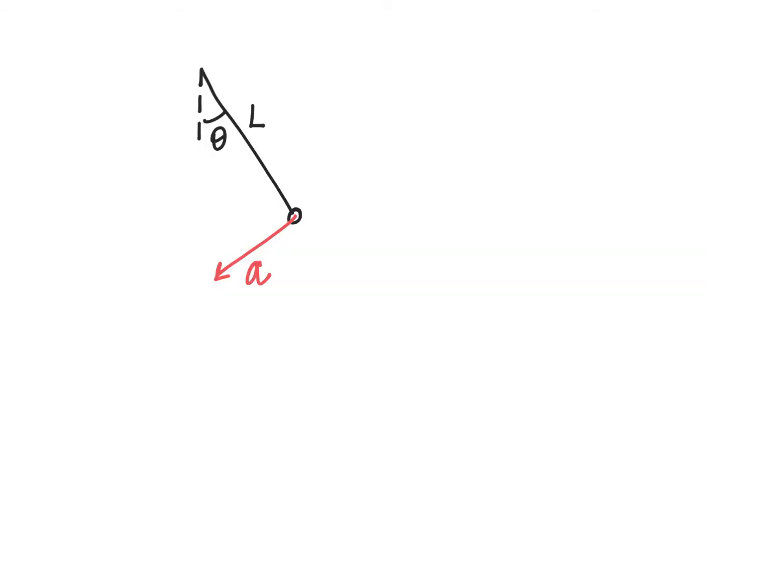So if our pendulum bob is out at its maximum position and the acceleration is pointing back towards the equilibrium, the acceleration points along the direction of the net force. So let's look at what our forces would be on this pendulum.